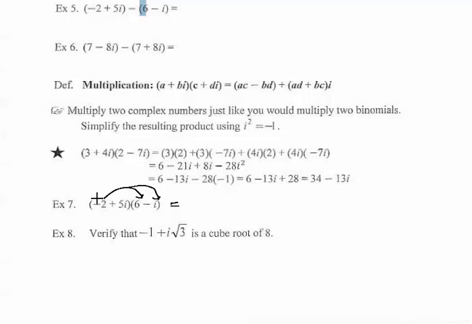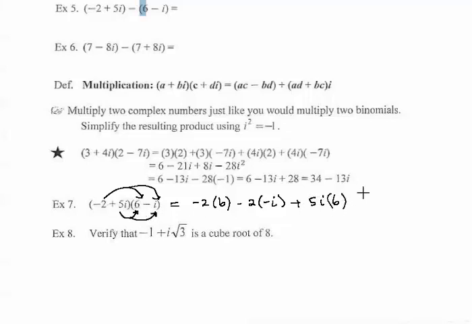We would take -2 and distribute it throughout this second complex number. So we would write -2 times 6, and then we write -2 times a -i. Alright, our next terms in our product would be inner and last. 5i times 6, so we write plus 5i times 6.